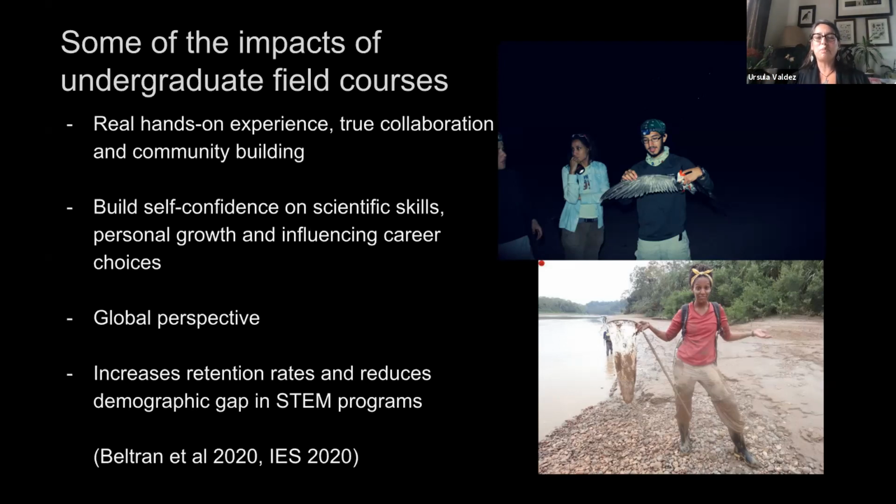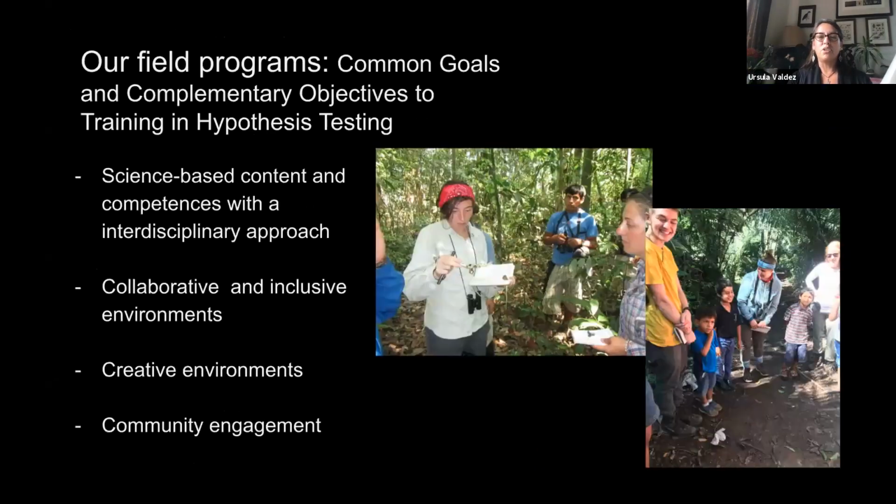Students learn a global perspective by going somewhere else, if it's not a field course within their own environment. And one thing that is really important is that being open to these field opportunities and increasing the opportunities for students of all backgrounds is increasing the retention rate and reduces the demographic gap in different science programs in different universities.